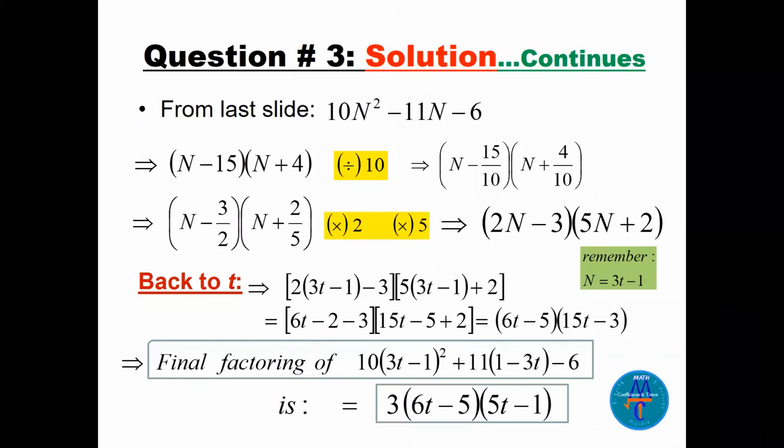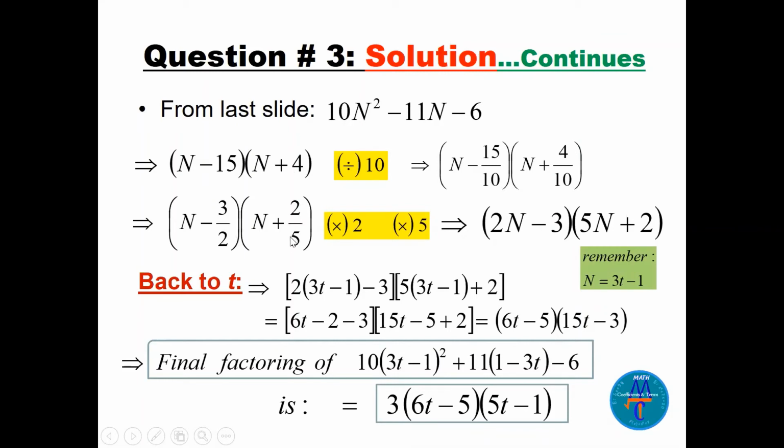From the last slide, we can see n minus 15, n plus 4. The leading coefficient here is 10, and we divide the numbers by 10, 15 by 10, 4 by 10. Then we simplify, divide by 5, divide by 5, we get n minus 3 over 2, and divide by 2, n plus 2 over 5.